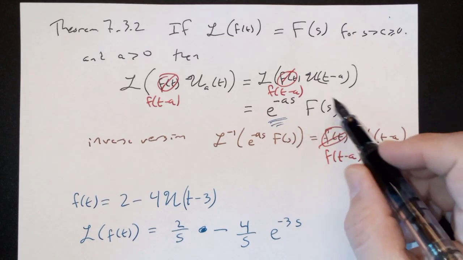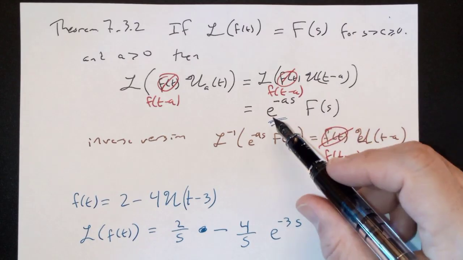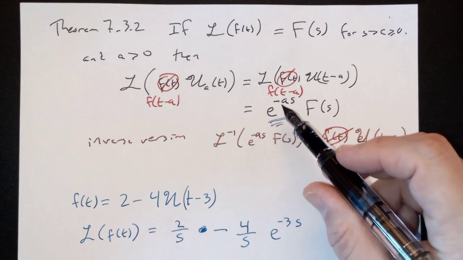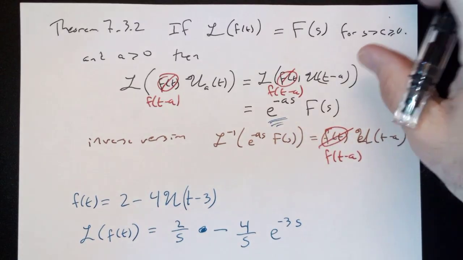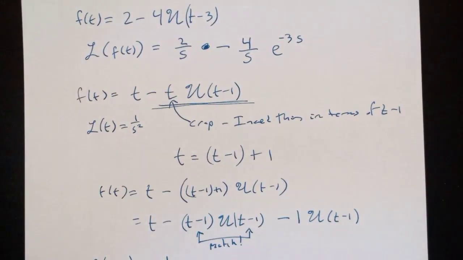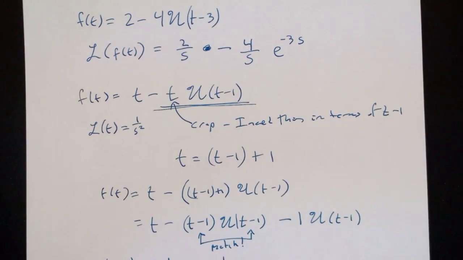So I should get the same Laplace transform and an extra factor of e to the negative 1s. But wait, one more thing.